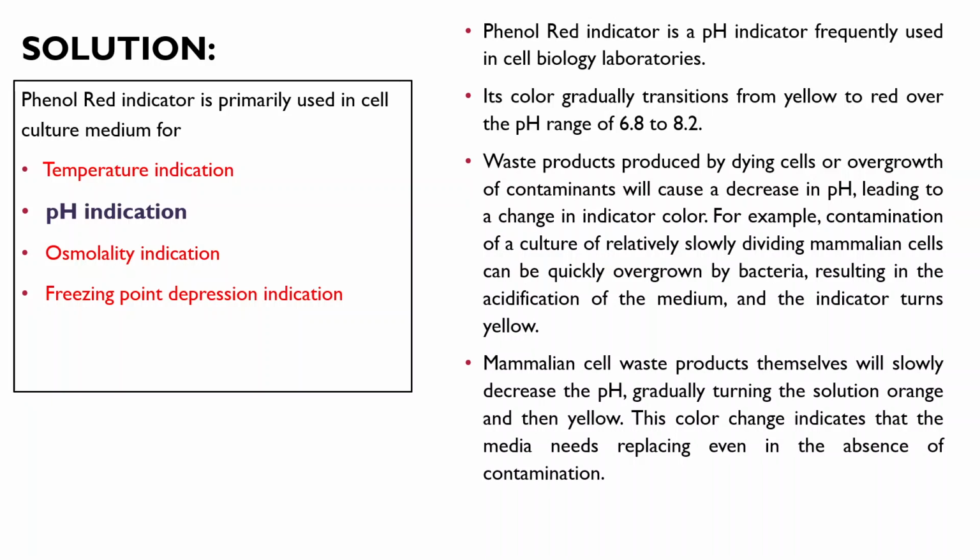Mammalian cell waste products themselves also slowly decrease the pH, gradually turning the solution more yellow over time. This indicates that the media will need replacing in the absence of contamination.